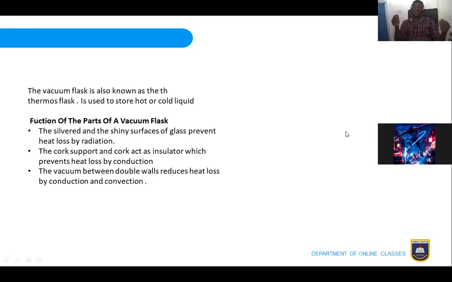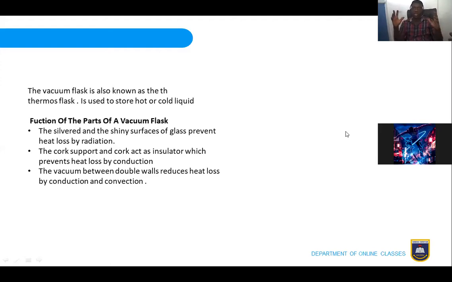So let's say you construct yours and the inner lining is not made of a shiny surface, and you make it with a dark material. What happens is that it can absorb heat, and that heat will be sent toward the surrounding. But the vacuum flask is constructed in such a way that we want to maintain the temperature of the system.